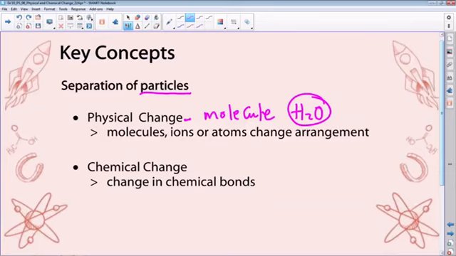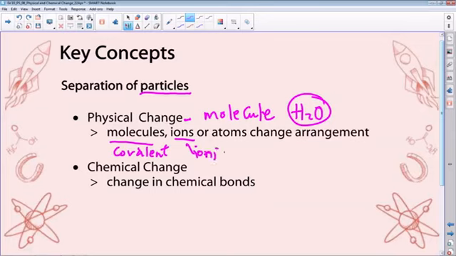So physical change involves molecules if it's covalent. Remember, molecules are formed by covalent bonding, and they could be molecules of elements or molecules of compounds. Ions obviously have to do with ionic bonding.